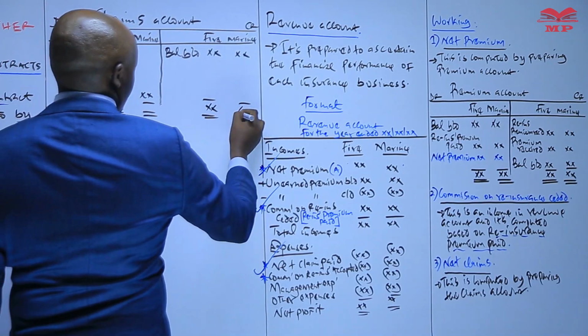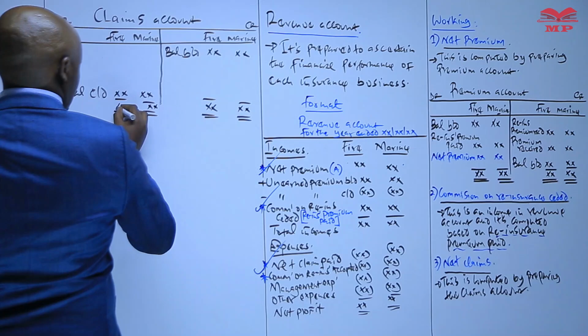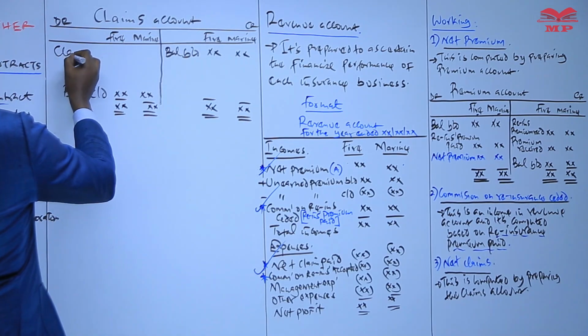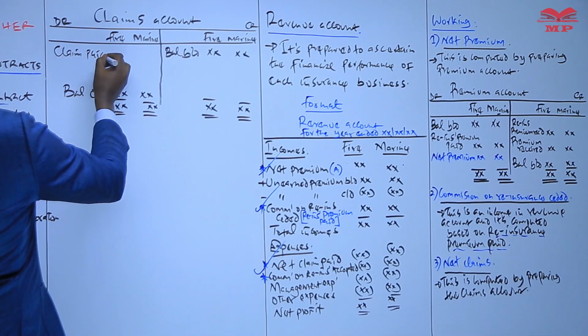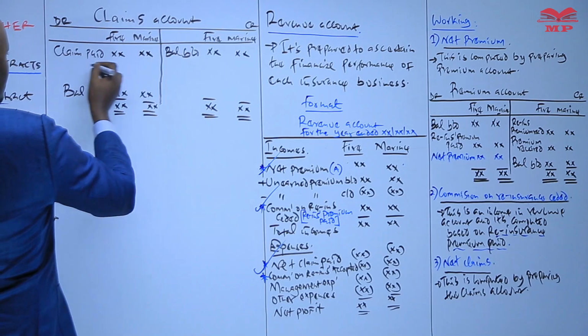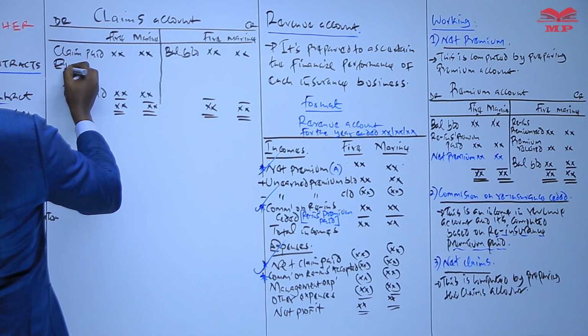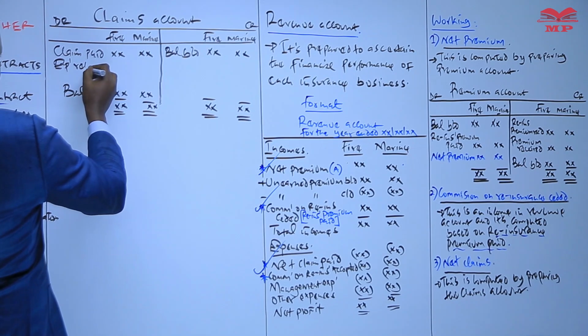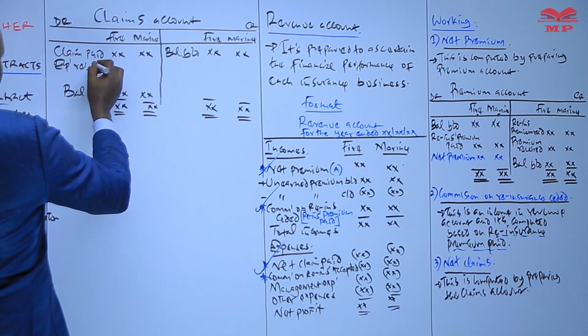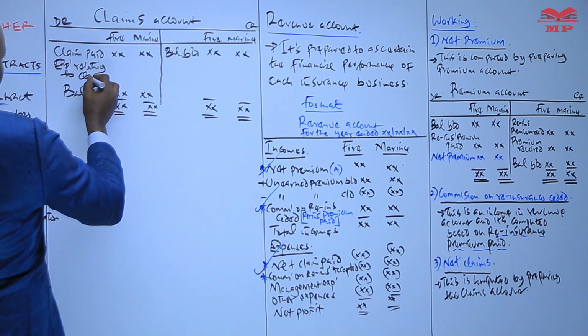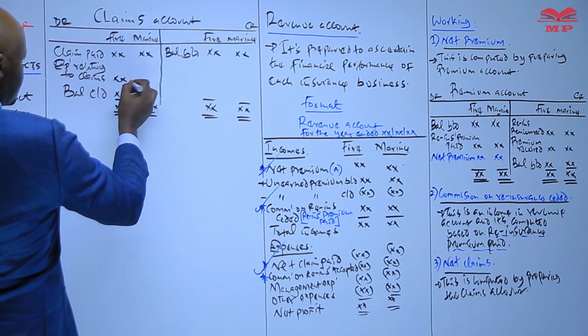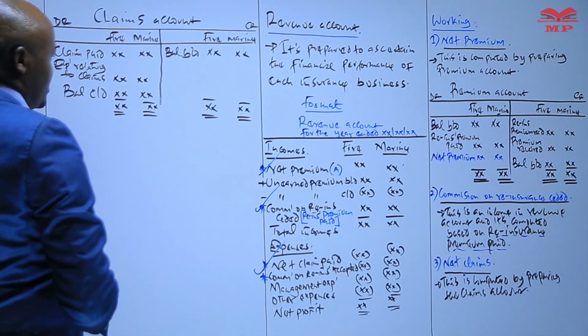Then from there, what we also record in this account are the claims which were paid during the current year. Claims paid, we debit in this account, and also any expense relating to the claims. And then we balance our account.